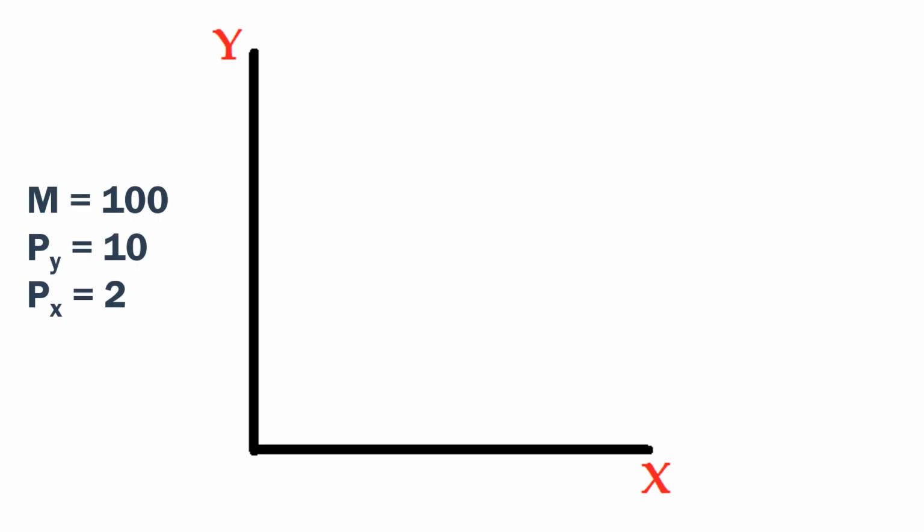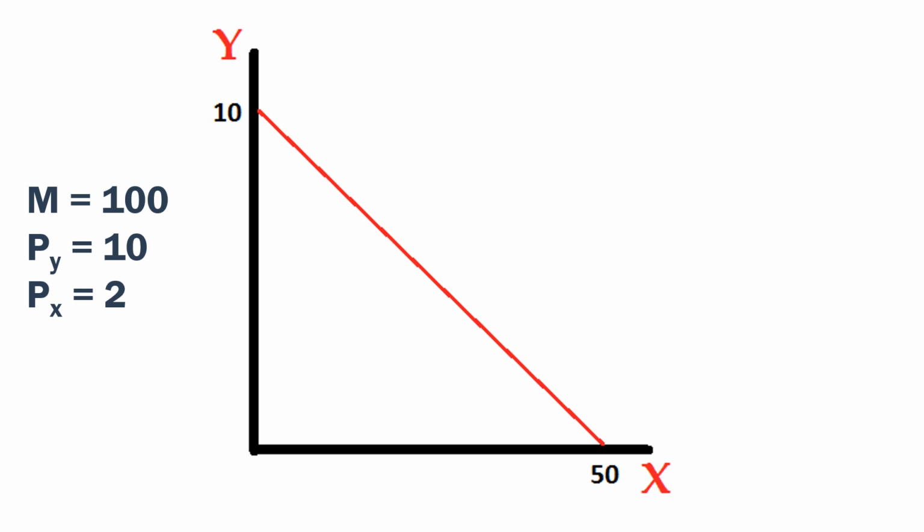Well, let's look at a scenario where we're showcasing an indifference curve, and we have two goods, x and y. And we know that we have an income of 100, the price of y is 10, and the price of x is 2. Now from this, we can draw up our budget constraint. We will be able to consume at most 10 units of y, as the price of y is $10.